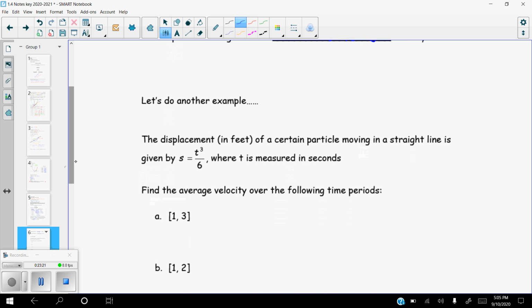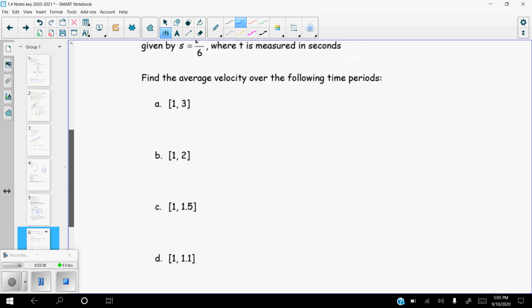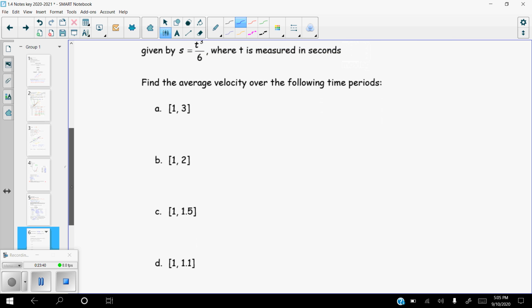So our last example is the displacement in feet of a certain particle moving along a straight line is given by s equals t cubed over 6, where t is measured in seconds, and again, s is your distance. So we want to find the average velocity over the following time periods, and here are those bracket notations that I told you. So the first one is from times 1 to 3.